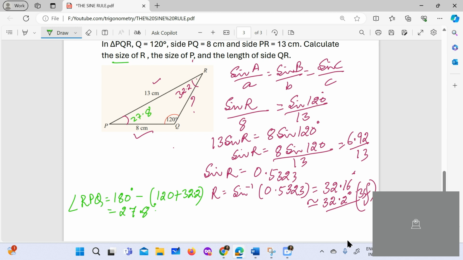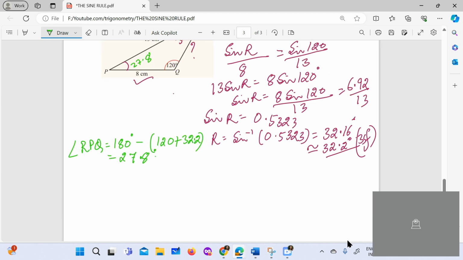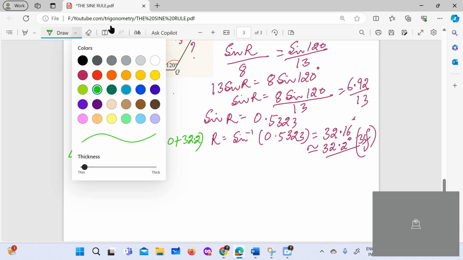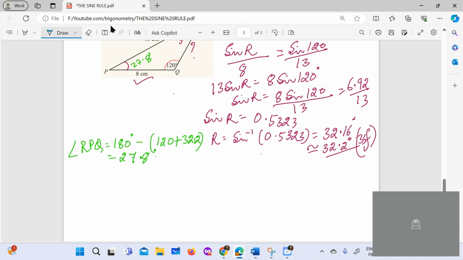Now what we are left with is the length of side QR. It's easy to find now because we have all the angles. So we can do it like this.